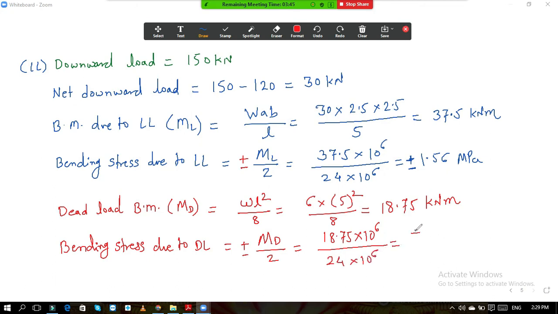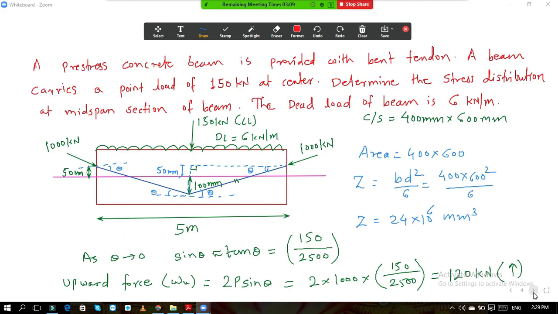The answer is 0.78. Please cross verify all the answers and calculations. So we have also calculated the bending stress due to dead load. I think we have also calculated the direct stress. No, we have not calculated it.